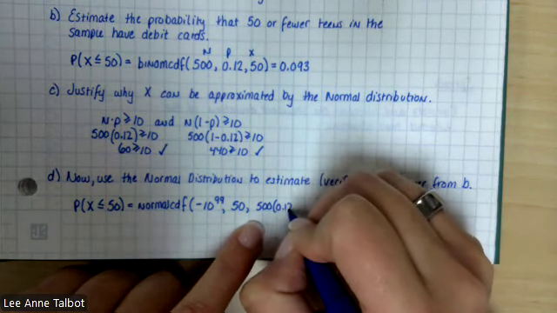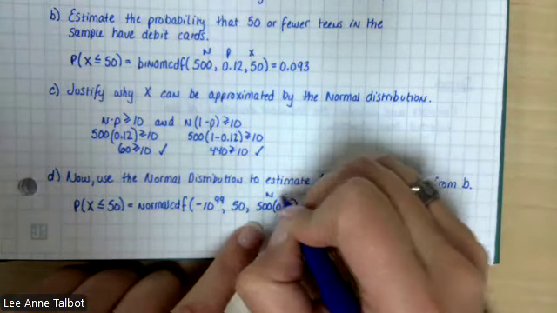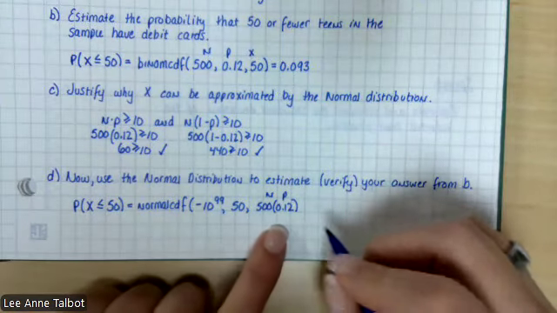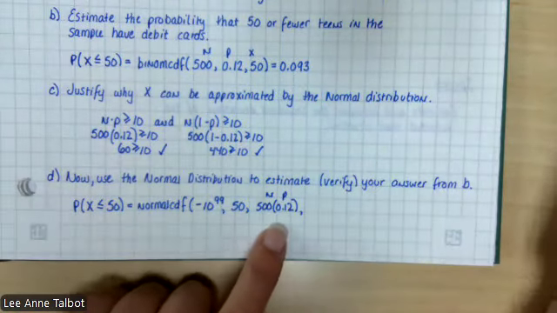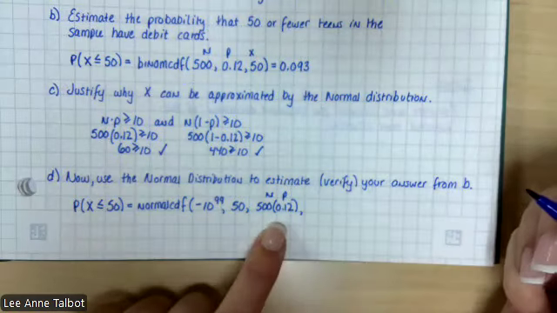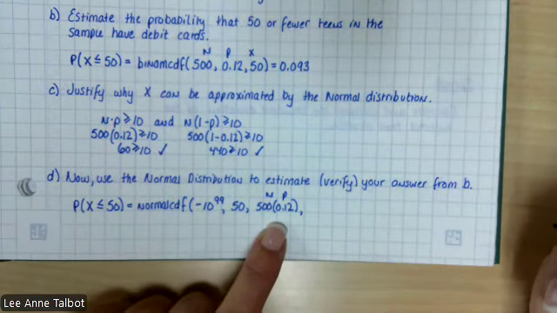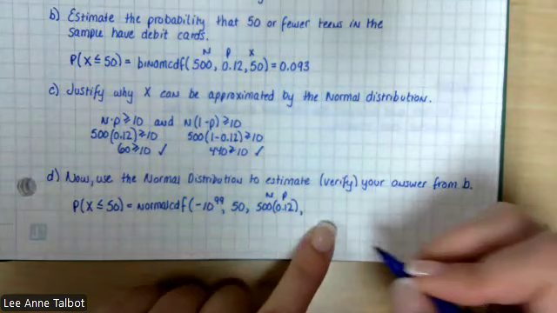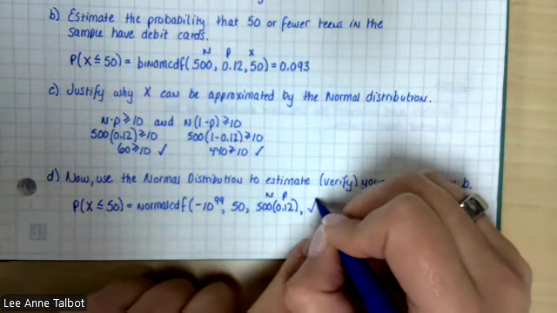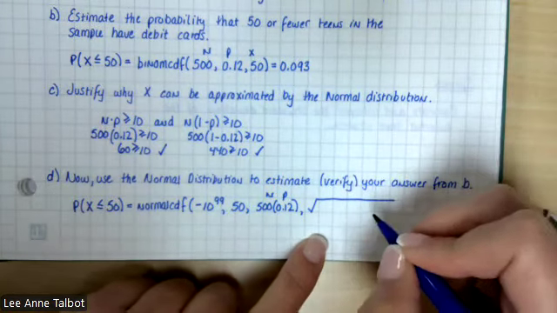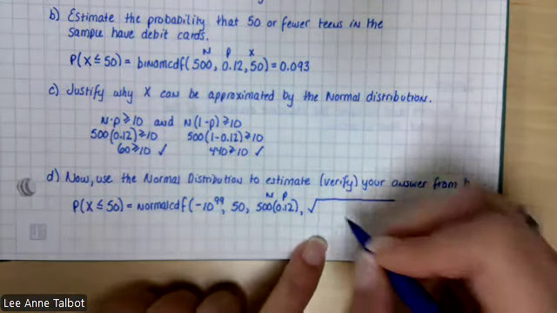Great job. So N times P, comma. Did you know that you could type calculations into normal CDF? You can. What is the standard deviation? Nope, it's the one with the square root.